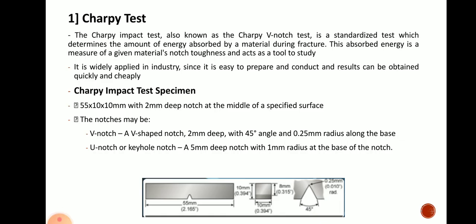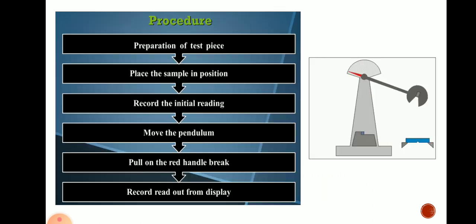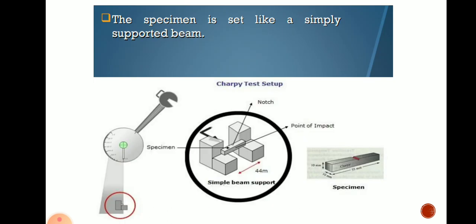First, prepare the test specimen with 55 mm length, 10 mm by 10 mm cross section, and a V notch exactly at the center with 2 mm depth, 45-degree angle and 0.25 mm base radius. Secondly, place that sample in position. Here the position for the specimen is set like a simply supported beam as shown in this diagram.